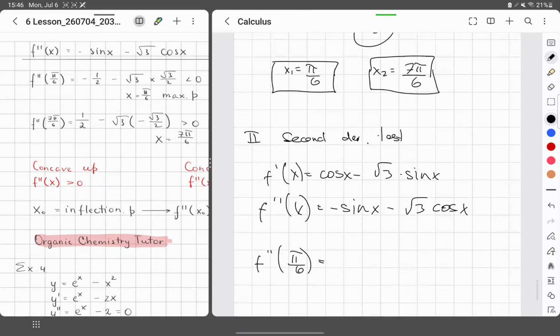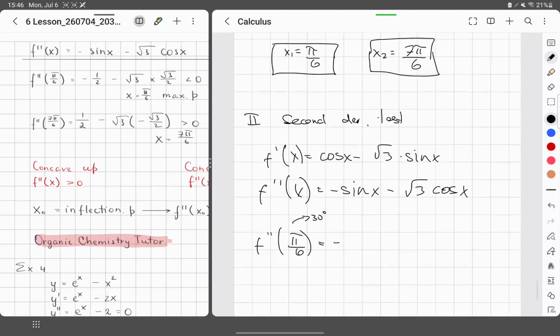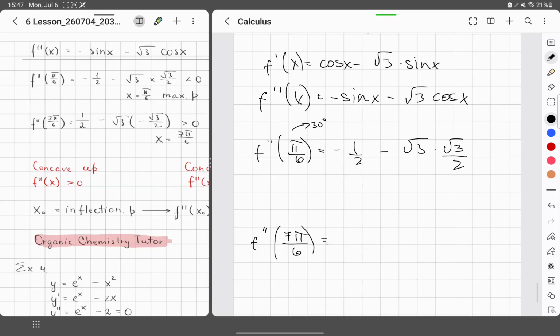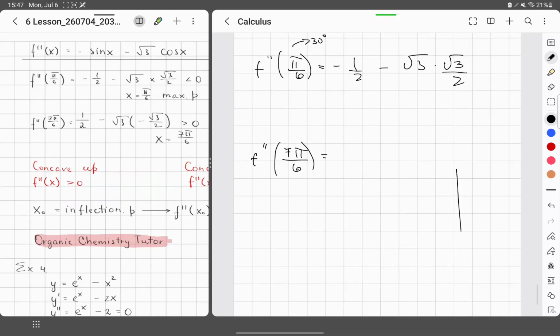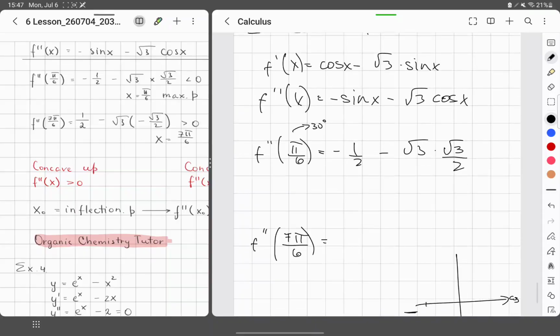Okay, what is that? It is basically 30 degree. Negative sine 30 degree is 1 over 2, minus cosine 30. I think that's true. And what about this one? It will be in the third quadrant. Our cosine will be negative, by the way, and our sine will be negative as well.